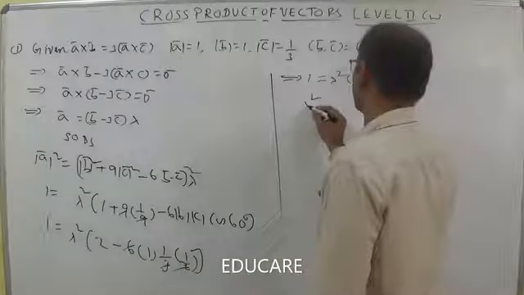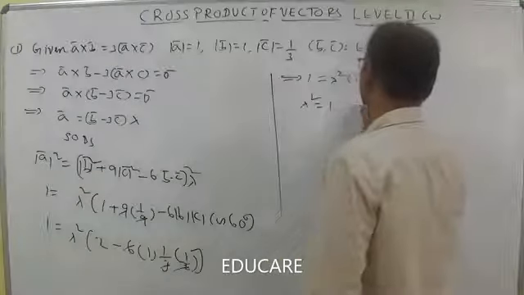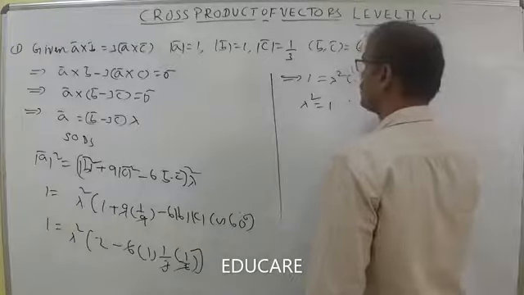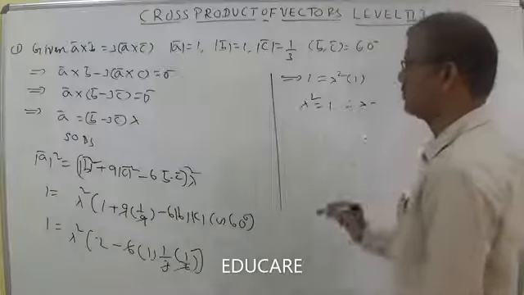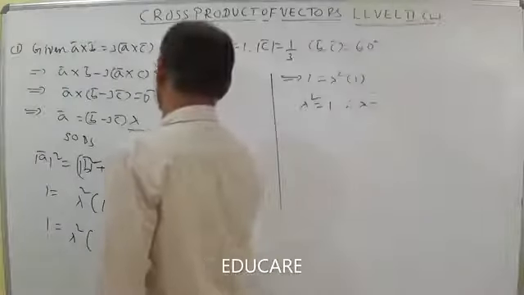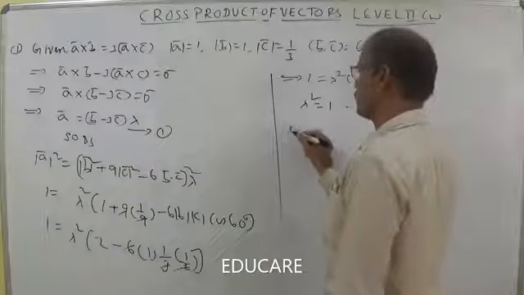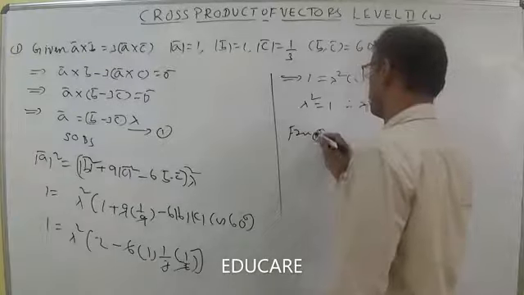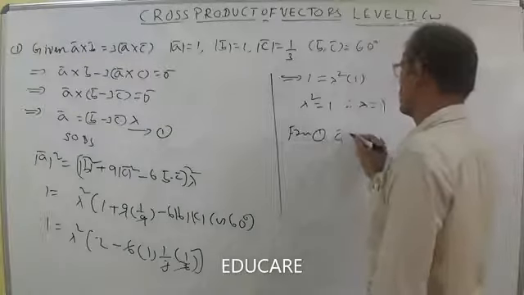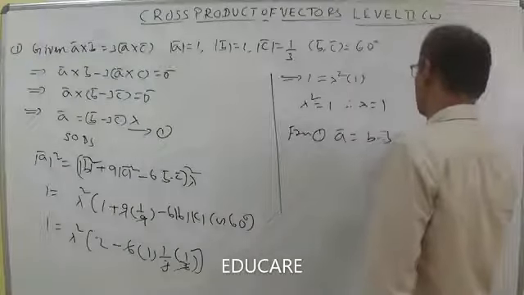So lambda square is equal to 1, lambda is equal to plus or minus 1. If you take positive, lambda is equal to 1. From the first equation, A bar is equal to B bar minus 3C bar.